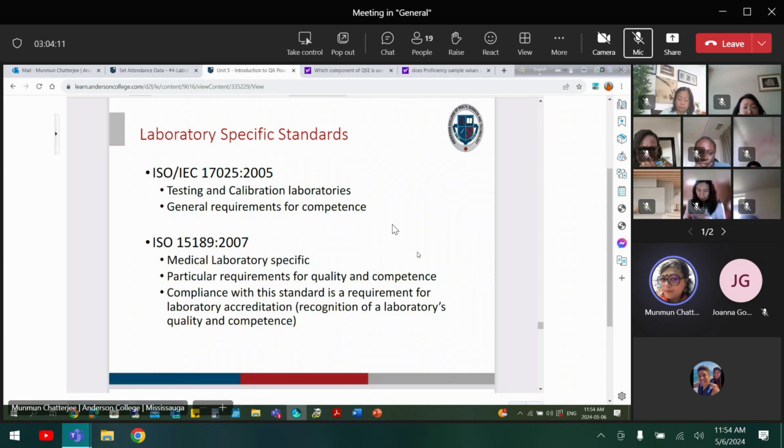So you can remember this one, ISO 15189, which has been established in 2007. This is medical laboratory specific. It has particular requirements for quality and competence.